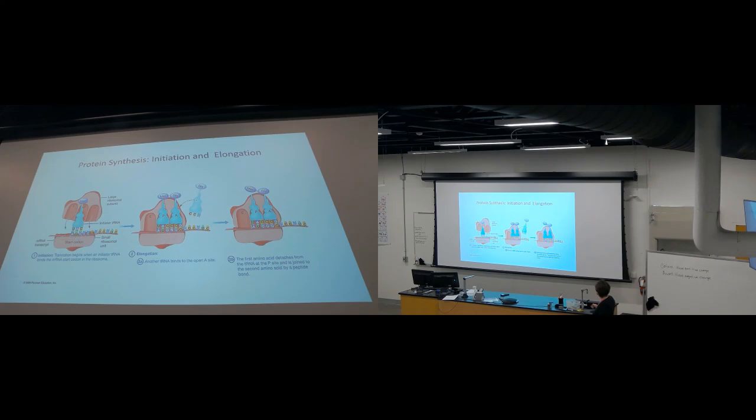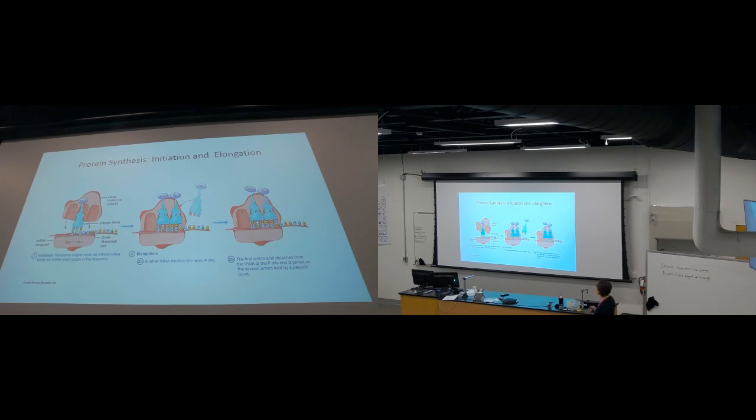So in this case, the next one, since it's going to be GCC, now it's going to be glycine. And the next one is going to be glycine as well. So you keep bringing them, and once you have your first amino acid brought by this transfer RNA, you form a peptide bond with the second amino acid, and then your first amino acid is free to go.